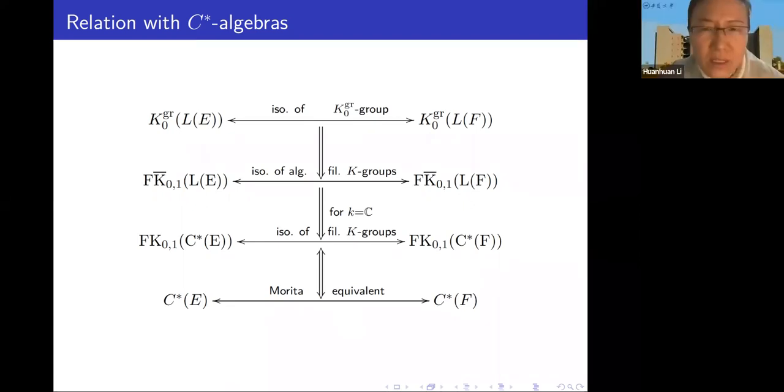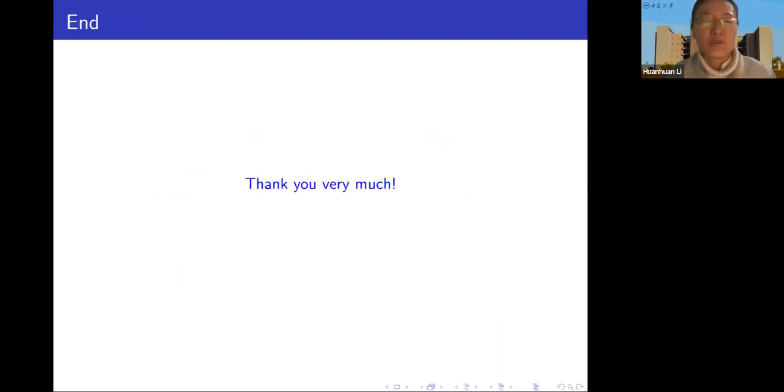So here we have it for the finite graph without sinks. We hope to have a filtered K-theory result for an arbitrary graph, but now we only have results along that sequence and some others. We are on the way, but we haven't got the arbitrary graph case. That's all for my talk today.